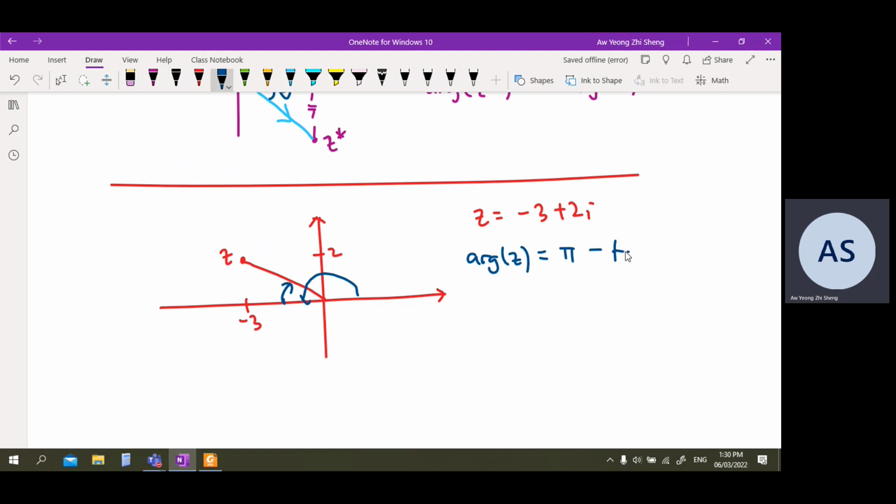So it's pi minus inverse tangent of modulus y over x. So it's just 2/3. It should be modulus of 2 over -3. So I just take 2/3 straight away because I've already applied the modulus on the -3. Okay, so if I really press my calculator, converting your calculator to radian mode, it's pi minus inverse tangent of 2/3. Okay, I should get 2.55 to 3 SF.